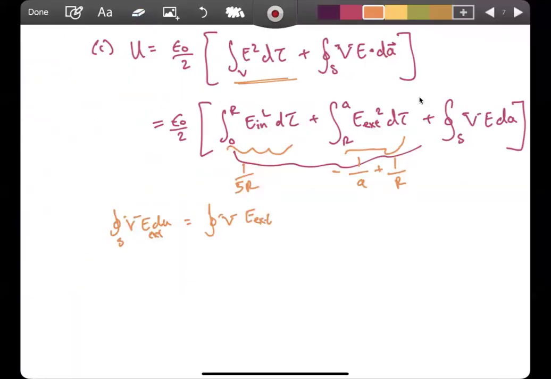Now, let's talk about what's going to happen with this guy. So basically, let's put our pieces together here. Oh, sorry, I forgot my differential area here.